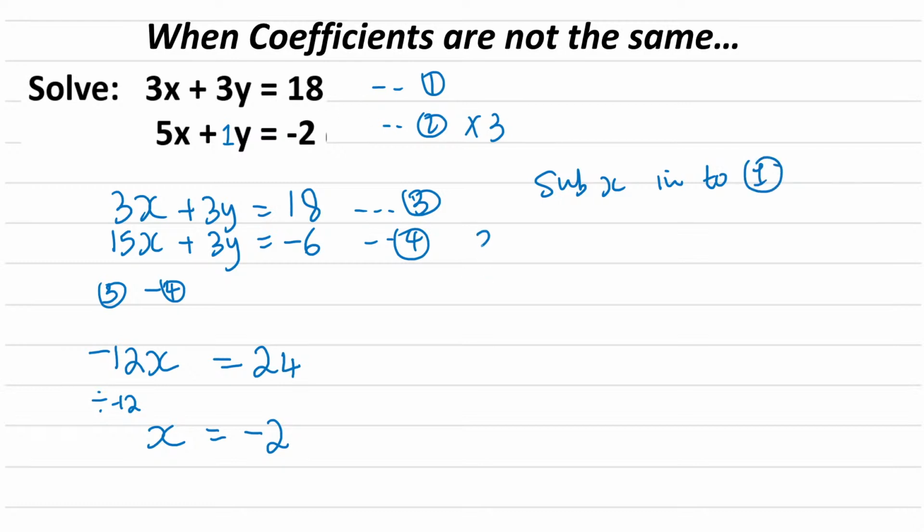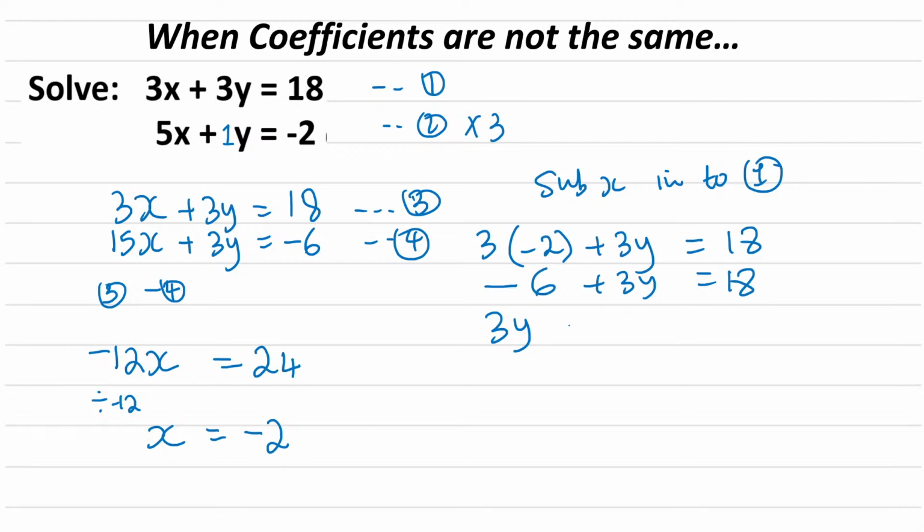So we have 3, and then our x is negative 2, and then plus 3y is equal to 18. This is negative 6 plus 3y is equal to 18. I'm going to add 6 on both sides. So I now have 3y equals 18 plus 6 is 24.